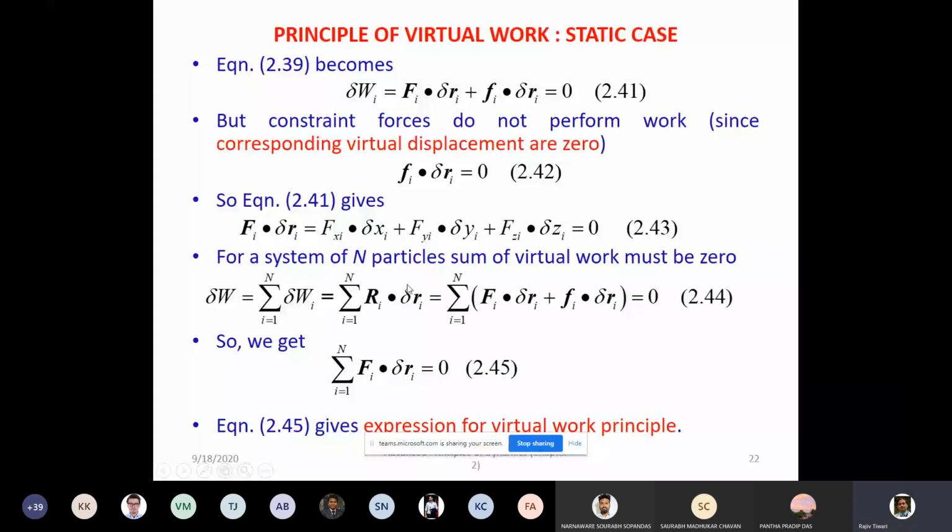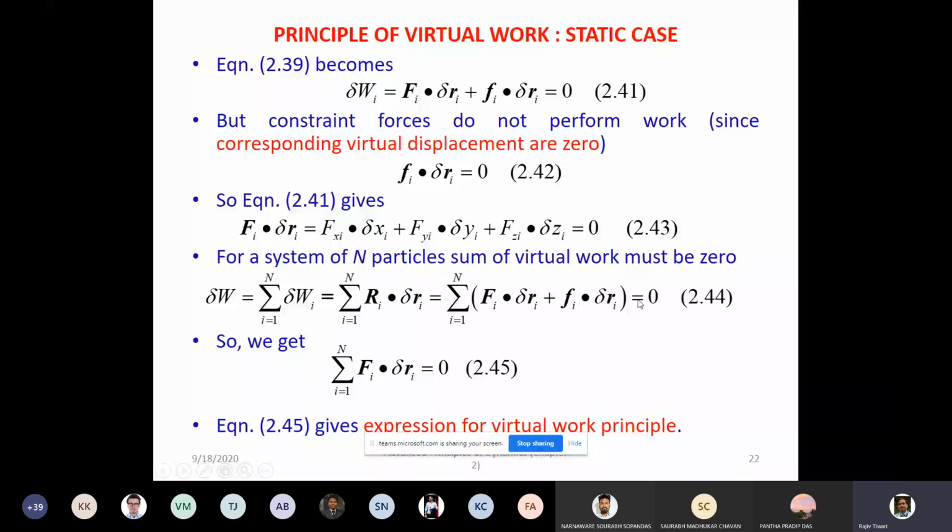So if we sum them up for all the particles, we are substituting the delta Wi here, which we obtained here. This one we are substituting here, and again expanding the Ri into the external force and the internal or reaction force, and that is equal to 0.